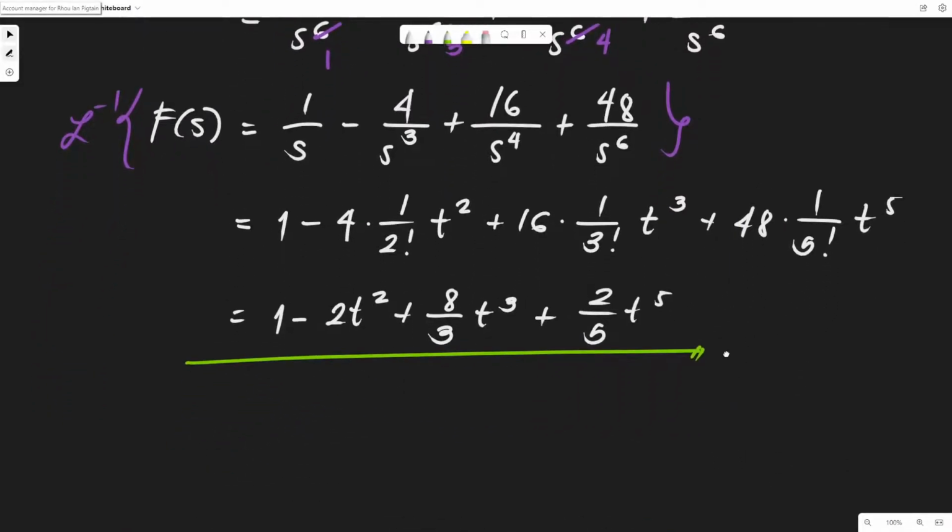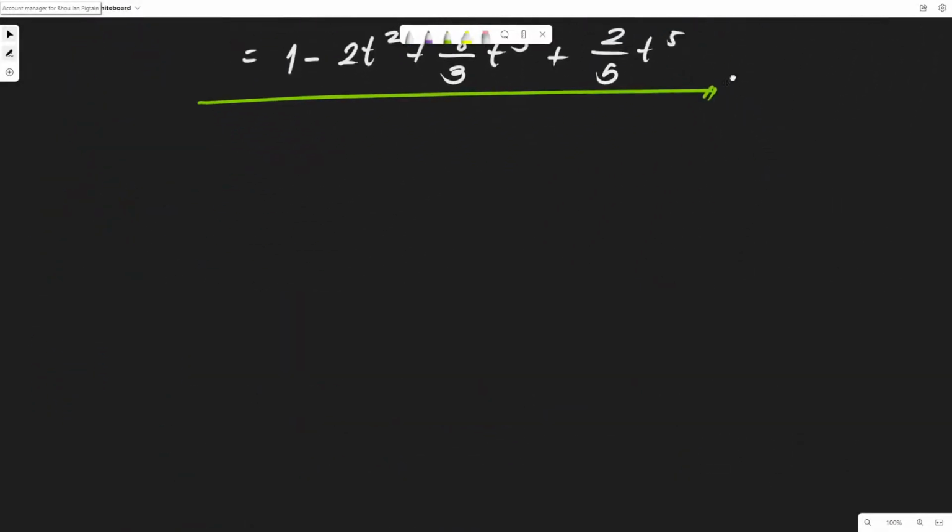Okay? So next, another example, yung letter B natin. F of s is equal to 3s plus 1 over s squared plus 25.